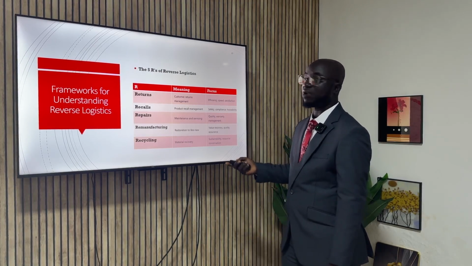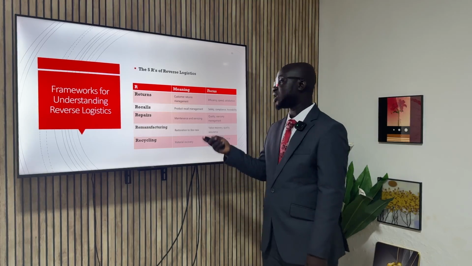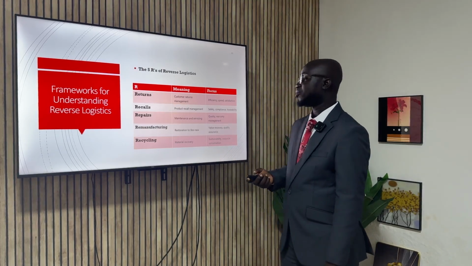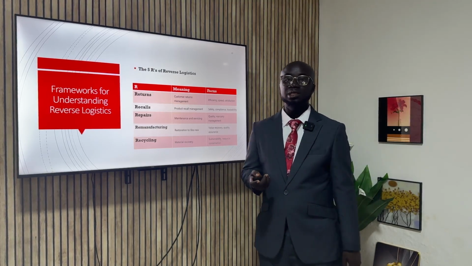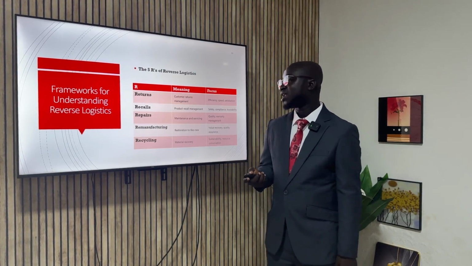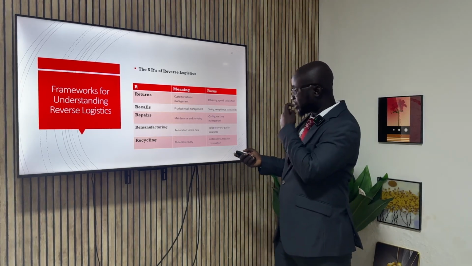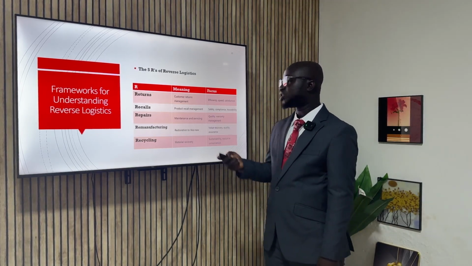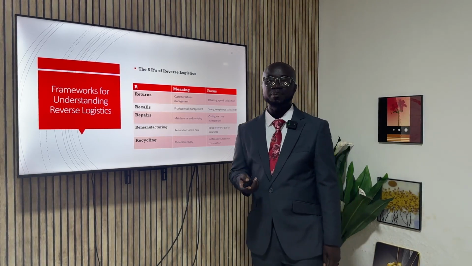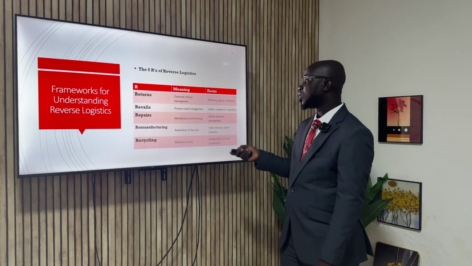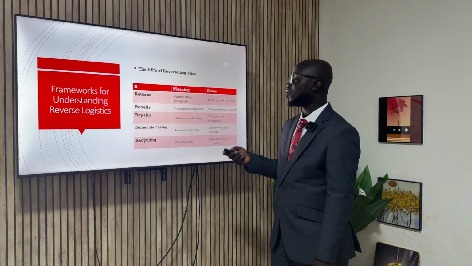We also have recalls, repairs, remanufacturing, and recycling. They provide a comprehensive view of the activities involved, and each one requires different capabilities but contributes to the overall goal of value recovery.